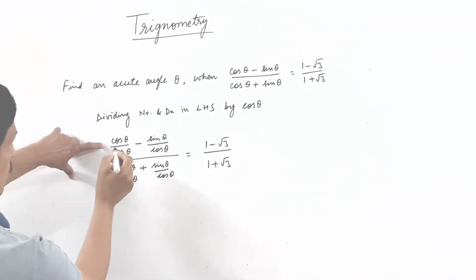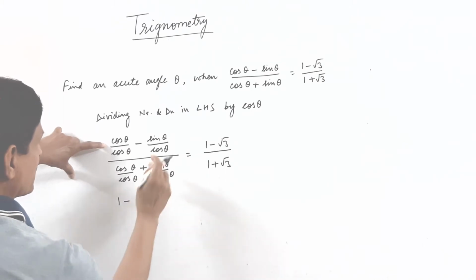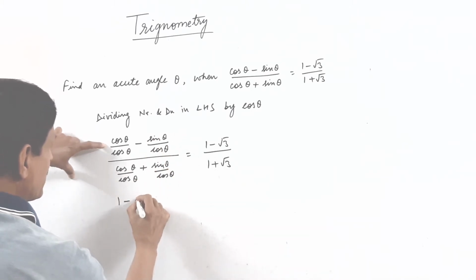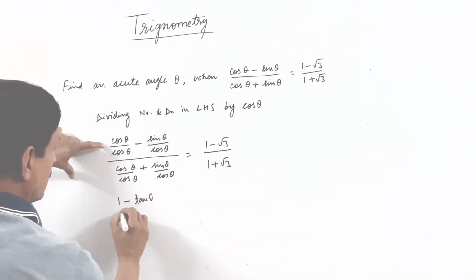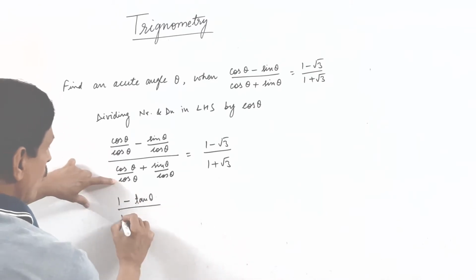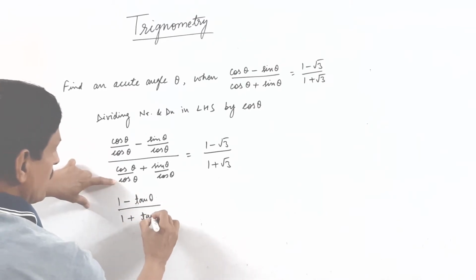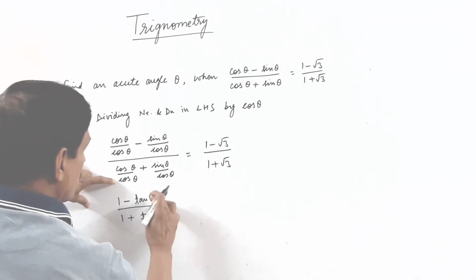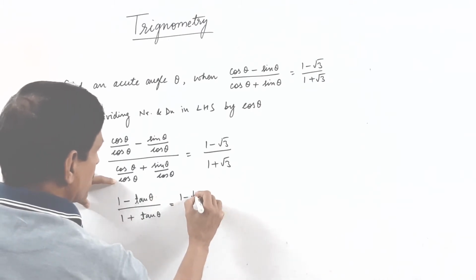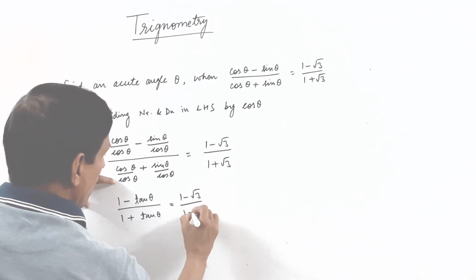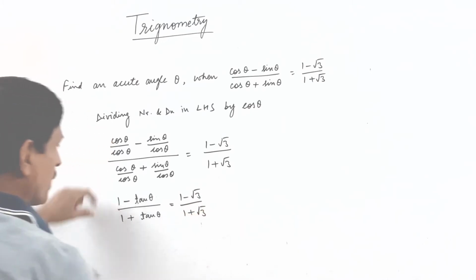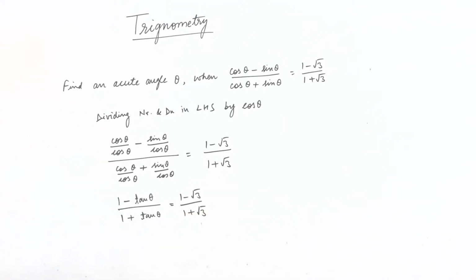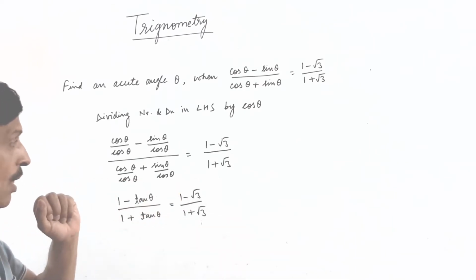Now this becomes 1 minus sin upon cos, we know it is tan theta, upon again 1 plus tan theta. This is equal to 1 minus root 3 upon 1 plus root 3. Now we compare the two sides. This is 1 minus tan theta, here 1 minus root 3.